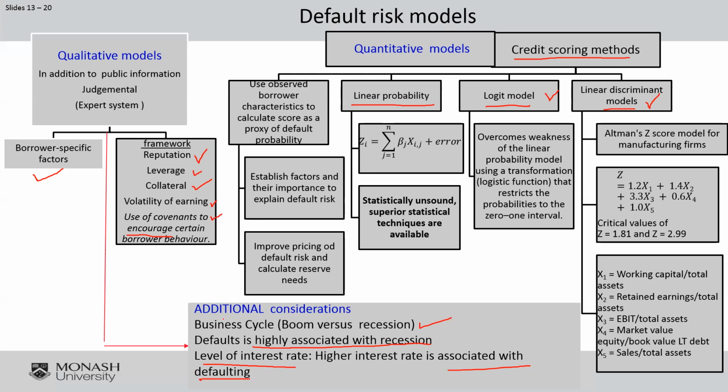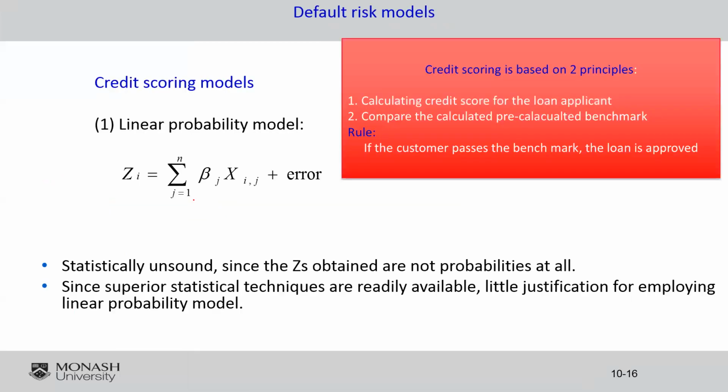If you are using this qualitative approach, which is actually judgmental. But then we have something called the credit scoring models, which depend on the calculation of the company's or the borrower's strength, based on their financial reports and financial information.